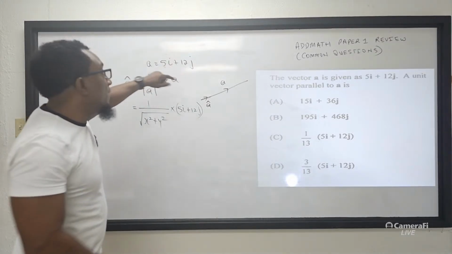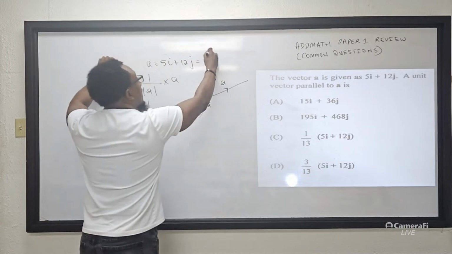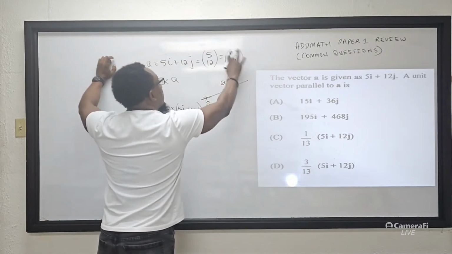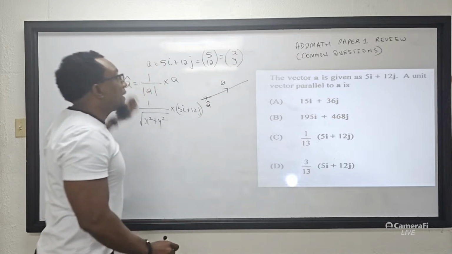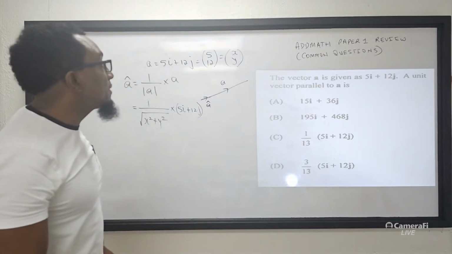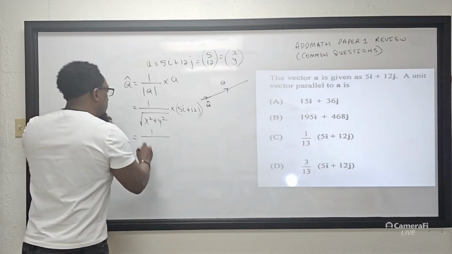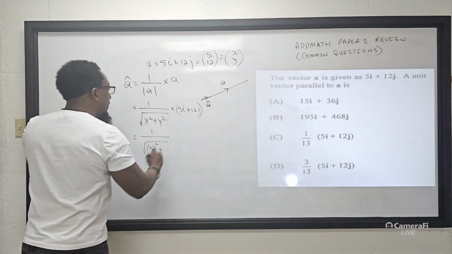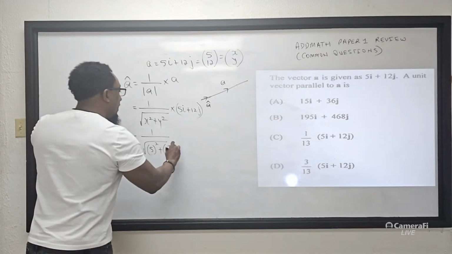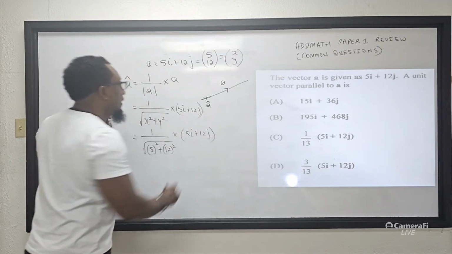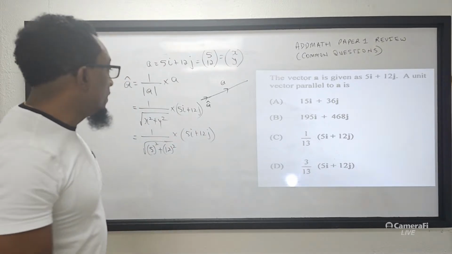But just keep in mind, this can also be rewritten as a column vector, 5, 12, where 5 is x and 12 is y. So this is 1 all over the square root of 5 squared plus 12 squared times the vector A, which is 5i plus 12j.